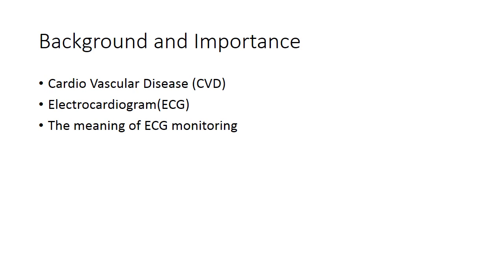The traditional way of detecting CVD is to print out the electrocardial signals, and then doctors calculate various electrocardial parameters based on the printed signals. These parameters include the attributes of all kinds of waves presented in the electrocardial signals.